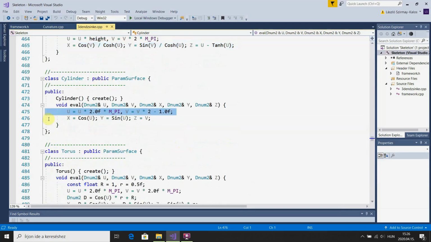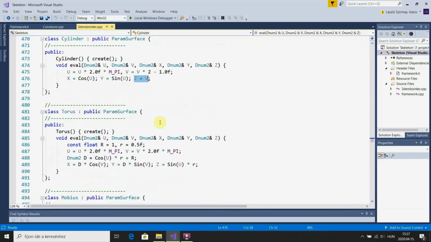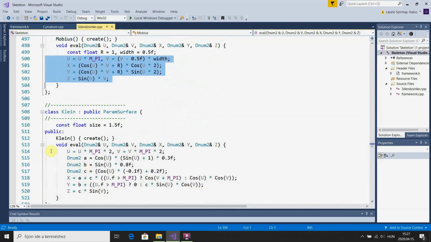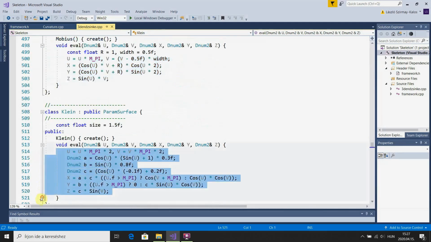Cylinder is pretty straightforward. There is a circle in a cylinder, can also be imagined as a rotational surface, and in the other direction it has just a linear structure. Torus, we know the torus equations. Möbius strip, Klein bottle, these are getting more complicated, but the basic idea is the same.